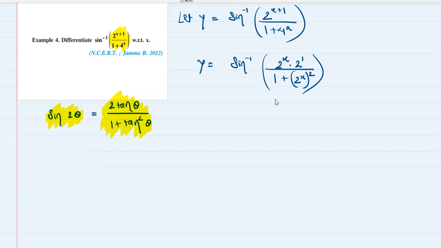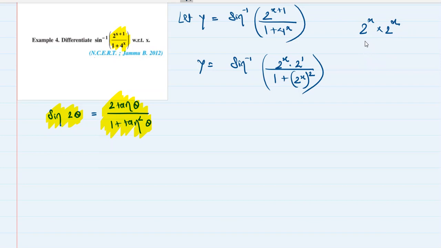The whole square means 2 raised to x multiplied by 2 raised to x, right? And what do we get, 2 raised to x multiplied by 2 raised to x? It should be 2 raised to 2x, which is 4 raised to x.